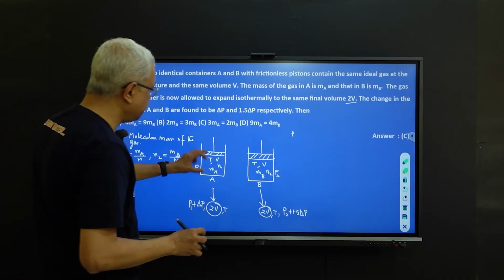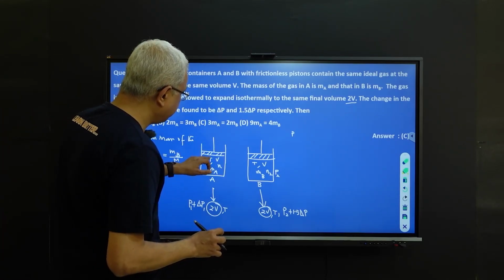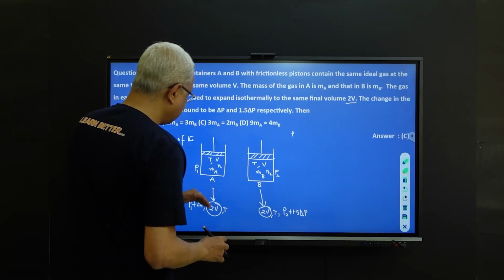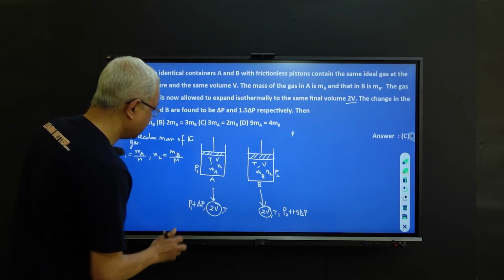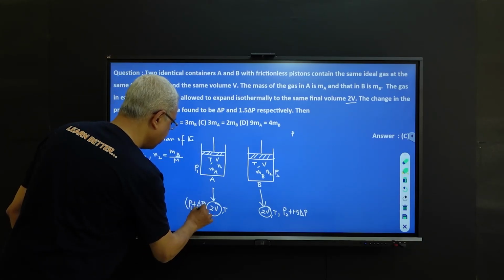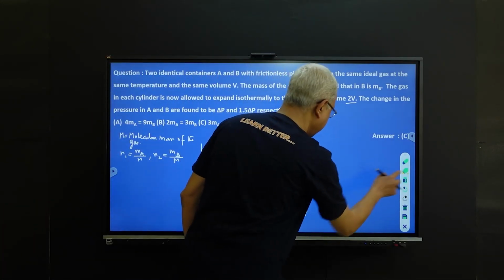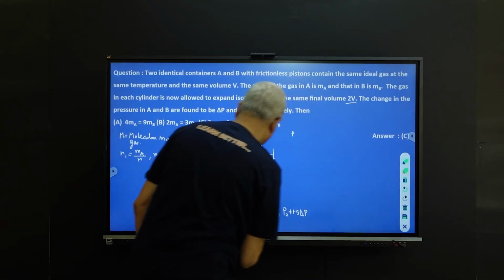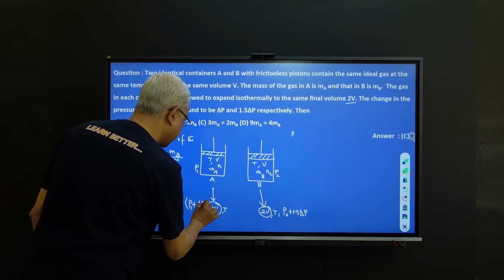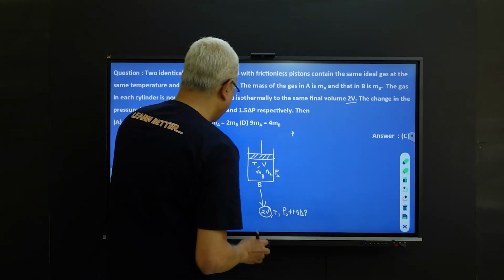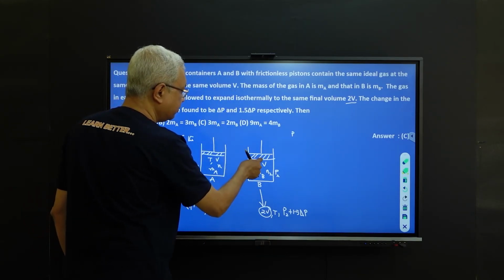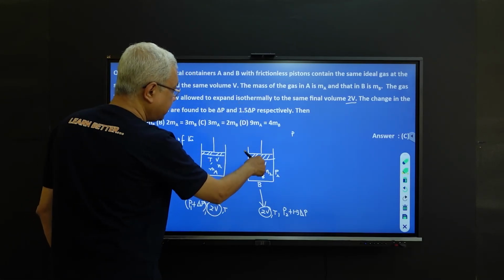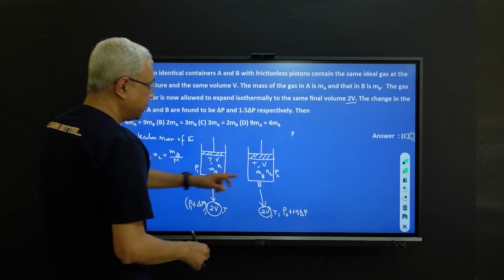So for container A the pressure, temperature and volume are P1, T, V, and when it is expanded isothermally to a volume 2V, the pressure is P1 plus delta P, and the temperature is T. For container B, the initial temperature is T, volume V, the mass of the gas is Mb, pressure is P2.